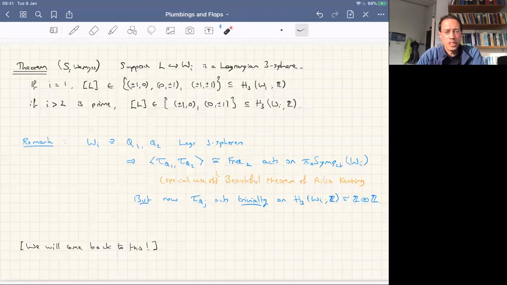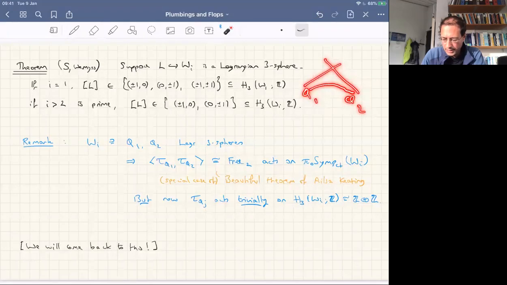But this is, first of all, not the whole group of interest that's acting. I mean, in the case of W1, I've said that there's the third 3 sphere that lies in the class Q1 plus Q2, and the Dehn twist on that will be another interesting symplectomorphism of this space, and it's not part of this free group. So we shouldn't really expect this free group to let us simplify everything.